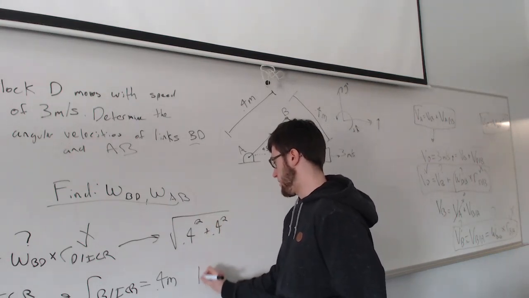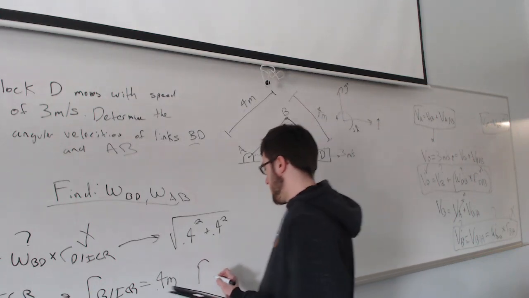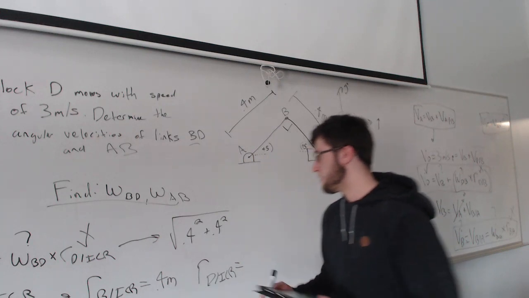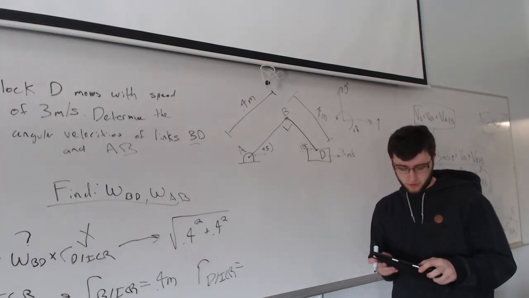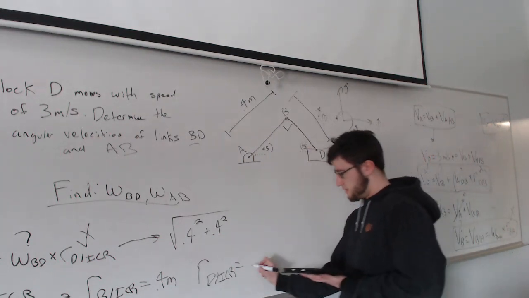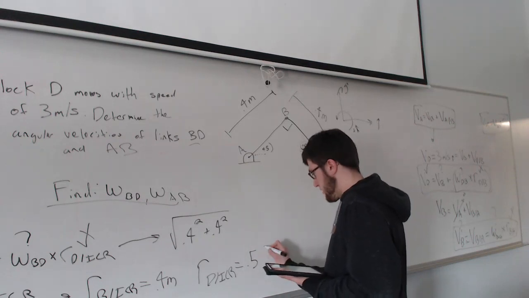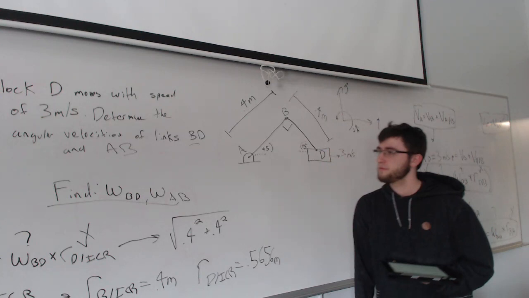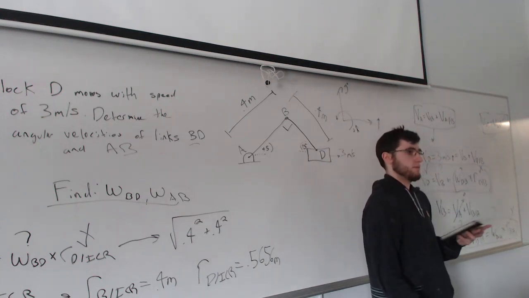So then the position vector of D with respect to the ICR is the square root of 0.4 squared plus 0.4 squared, which is 0.5656 meters. Are there any questions so far?